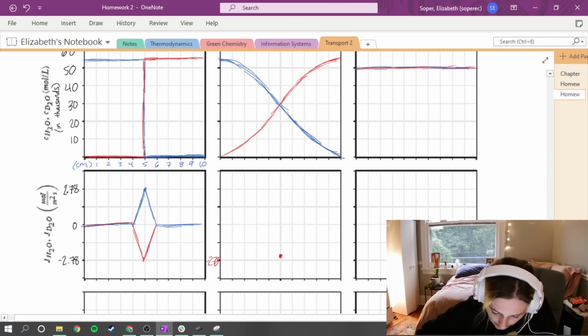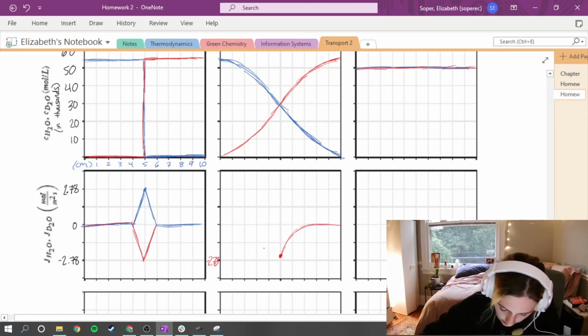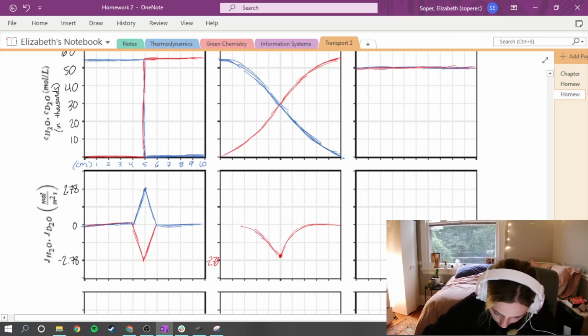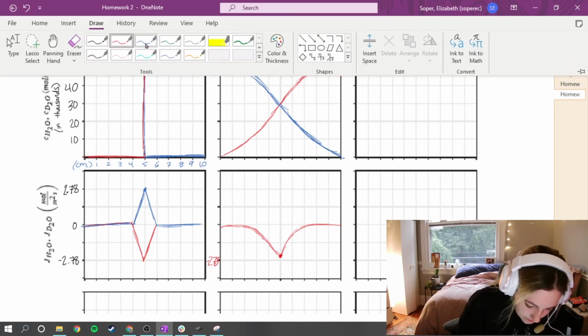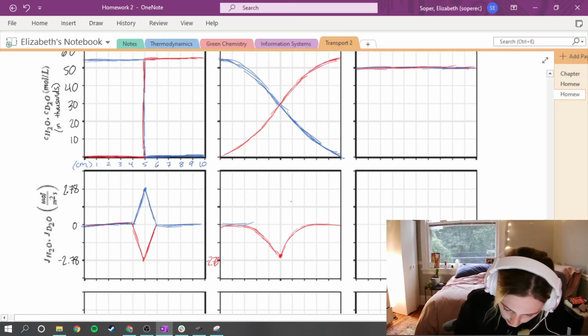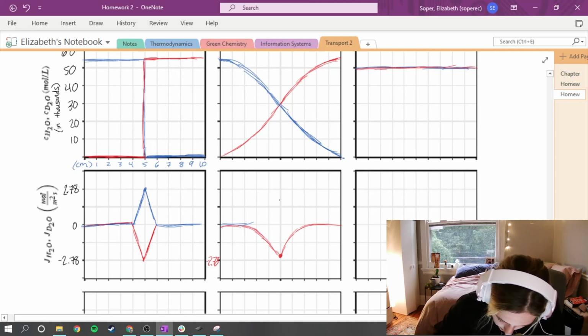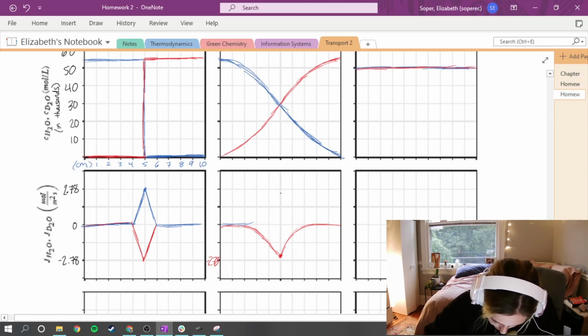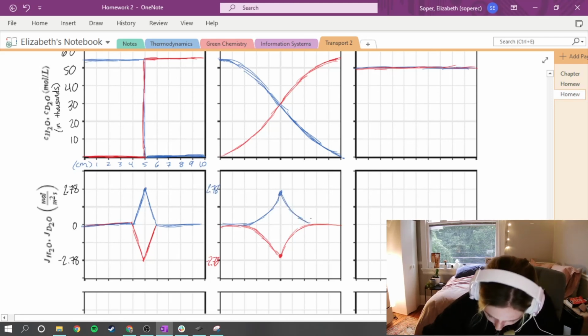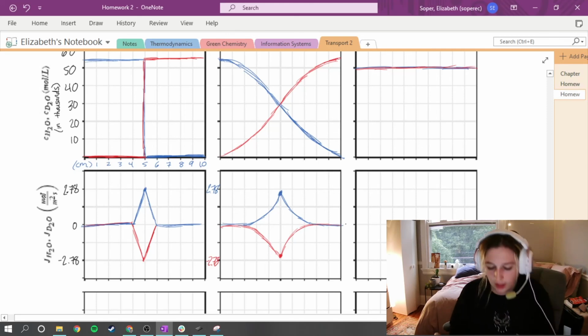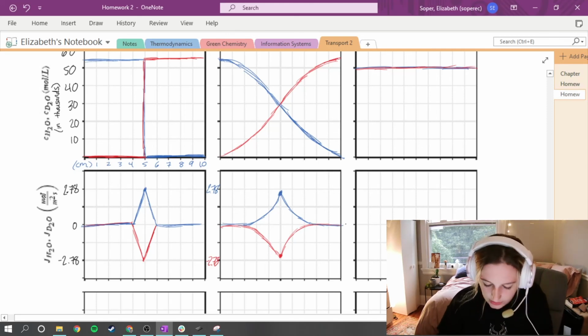So it's going to have that same curve, like this. For similar reasoning as above, this is going to be a little bit below 2.78 for the H2O. So yeah, that's that graph.